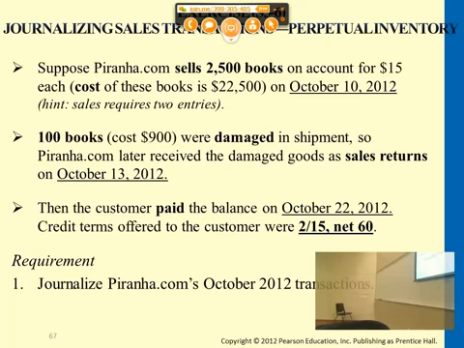The second bullet point tells you that a customer returns 100 books to you, and tells you the cost of the book. These 100 books were damaged, but they returned to you, meaning that from the seller's viewpoint, you're actually collecting the inventory here, the second bullet point. Then the customer pays the balance later when it reaches October 22nd. There's a credit term that you offered to this customer earlier.